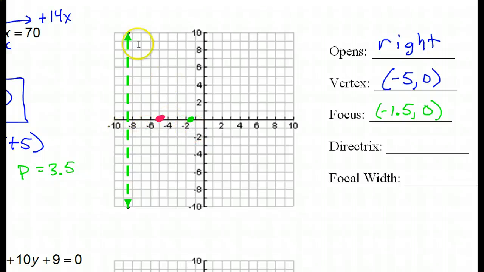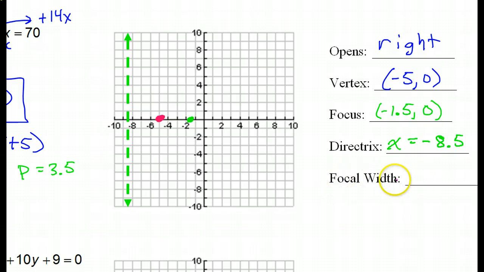All right, let's go ahead and label that as well. Vertical lines are always x equals a number. In this case, x equals negative 8.5. Yeah, that's genius.